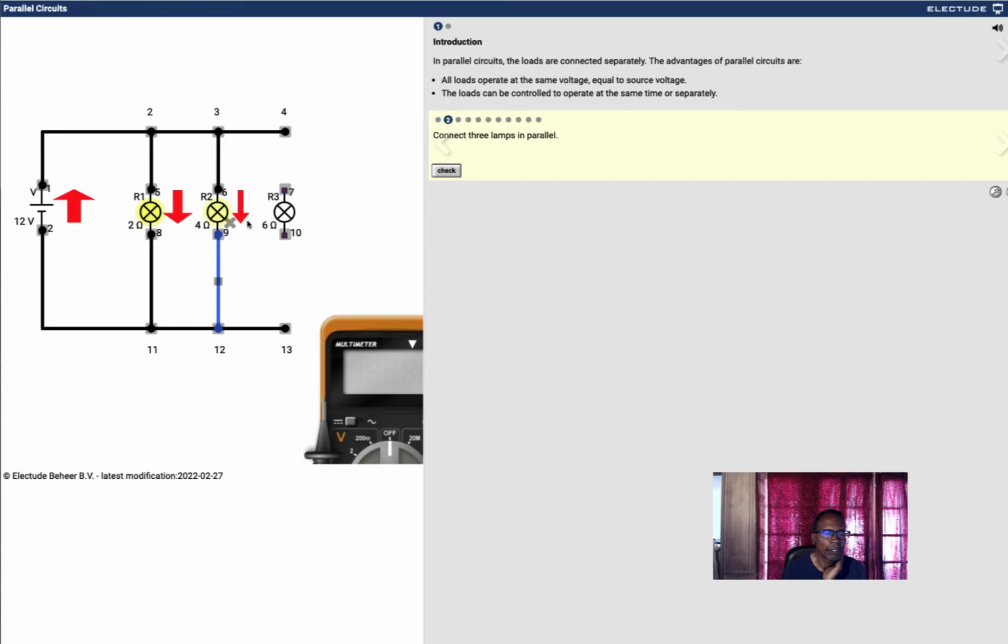You can see the current's flowing through it. Now what do you think is going to happen here? 6 ohm resistor. This is 2, 4, and then 6. What do you think is going to happen with the current on this one? Less current. See this? 2 ohms, more current. 4 ohms, less current. 6 ohms, the least amount of current.